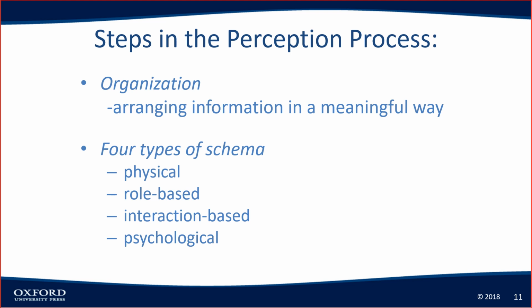We're classifying it, if you will. We're organizing the data. We're looking at the physical aspect. We're looking at titles or roles. We're looking at the interaction. We're looking at the psychology behind it. All of these pieces come together when we start to organize our thoughts.